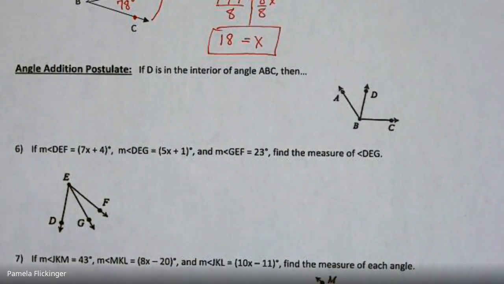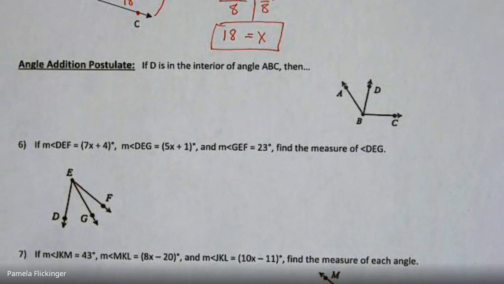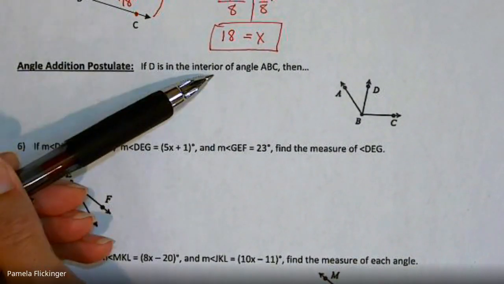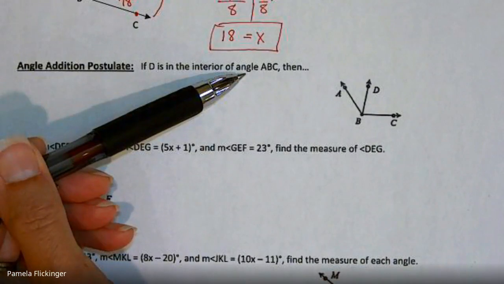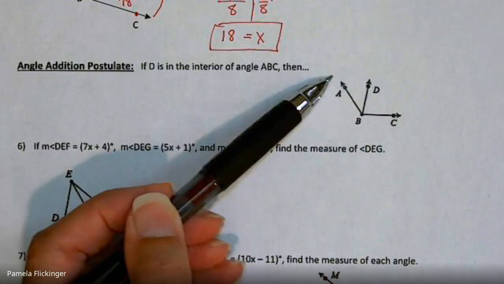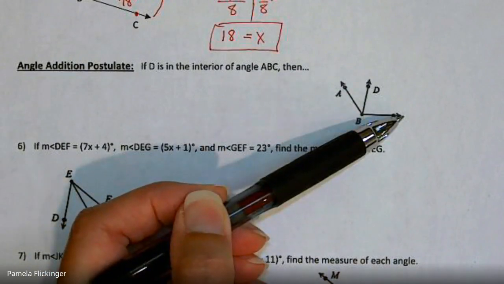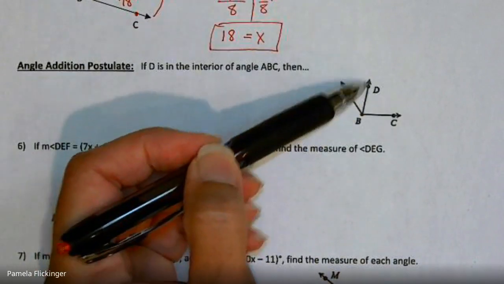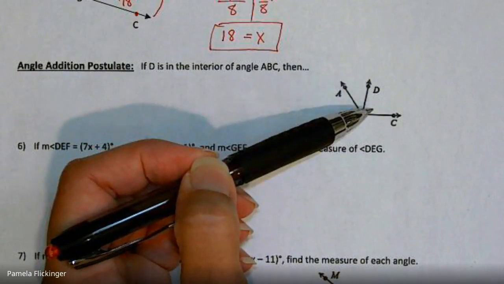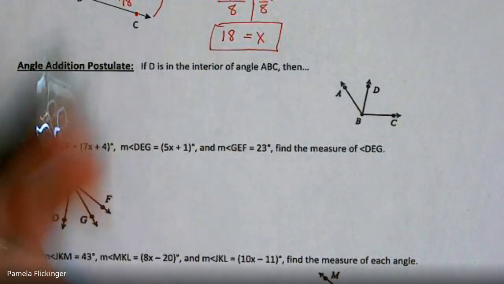So the angle addition postulate, very similar to the segment addition postulate. Basically, small part plus small part equals the larger part. So we're told that point D is in the interior of an angle ABC. So notice the picture that that creates. Here's my point D, and it is interior to our angle ABC. So you're going to draw a ray up through that to create the two smaller angles. So what does that mean?